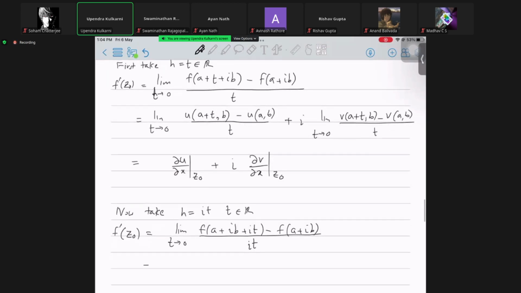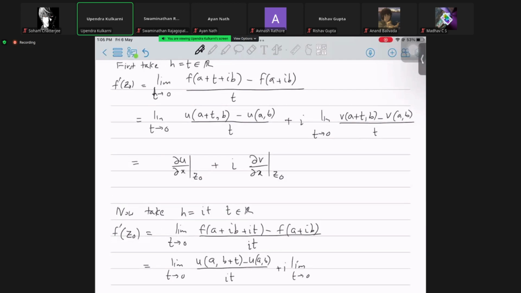Okay, now I play the same game as before. So this is the limit as t approaches 0, plus i times the limit as t approaches 0 of what? So let's write down, this is u of a, and now writing it as something in R2, it is no longer a plus t comma b, but a comma b plus t, minus u of a b, divided by it.